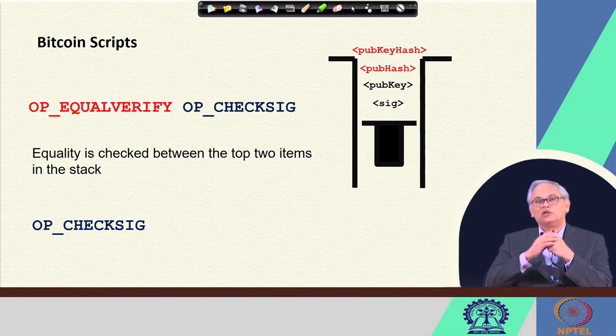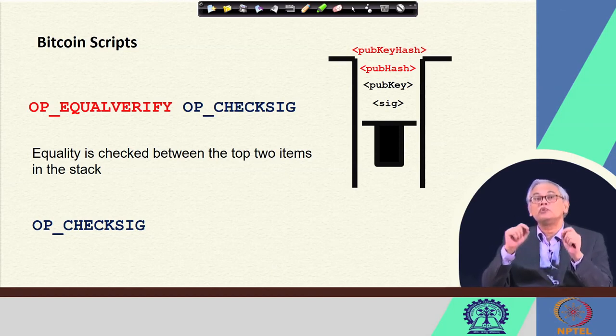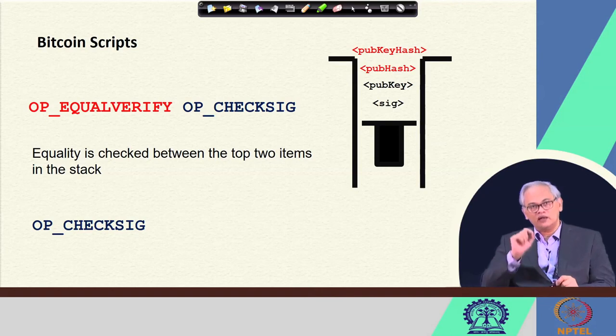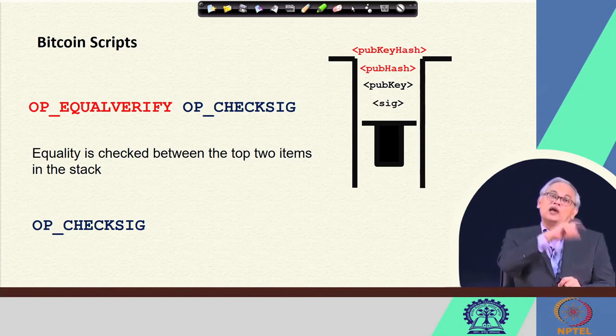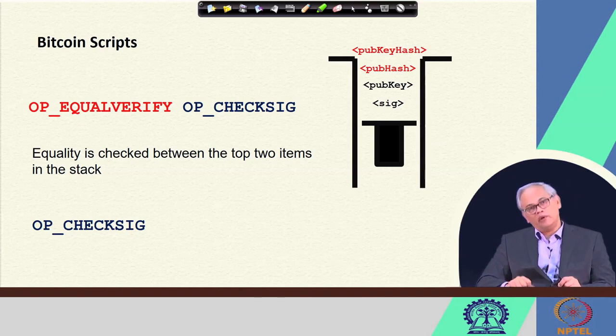These two are now checked for equality, and that is what is being done in this slide in this OP_EQUALVERIFY operation. And if it matches, what does it guarantee? It guarantees that whatever is the public key of Bob, a hash of that is the one to which Alice had made the payment.